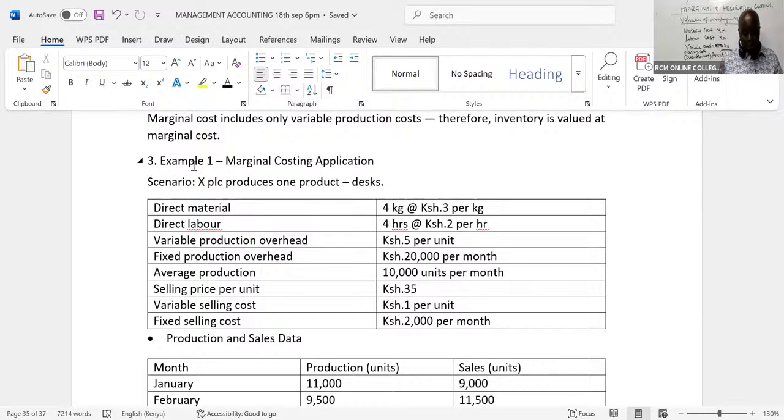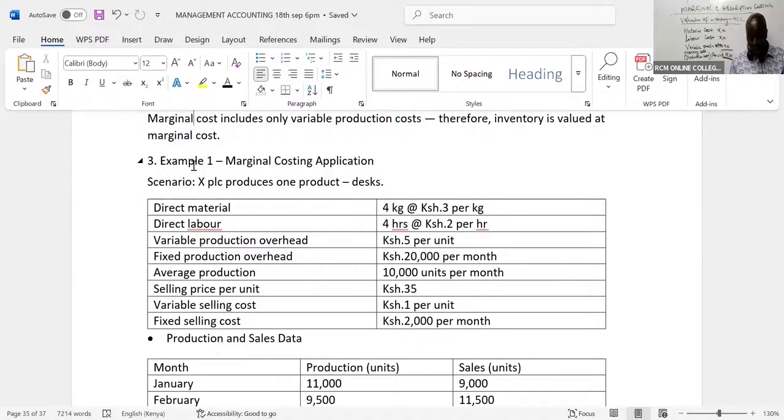XPLC produces one product known as desks. Sorry, I think I took you a bit faster. We have direct materials for a desk, 4 kilograms each going for 3 per kilogram. We have direct labor, 4 hours each going for 2 per hour.